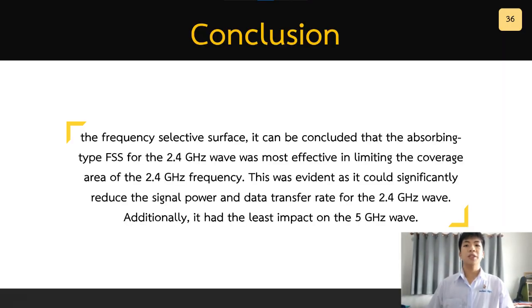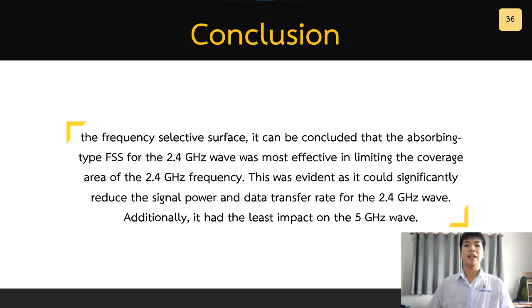Conclusion. Based on the experimental results of the frequency selective surface, it can be concluded that the absorbing type FSS for the 2.4 GHz wave was the most effective in limiting the coverage area of 2.4 GHz frequencies. This was evident as it could significantly reduce the signal power and data transfer rate for the 2.4 GHz wave.